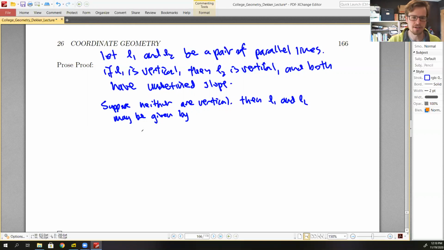So what I'm trying to say here is we can write one of them as y equals m1 times x plus b1, and the other one as y equals m2 times x plus b2, respectively.